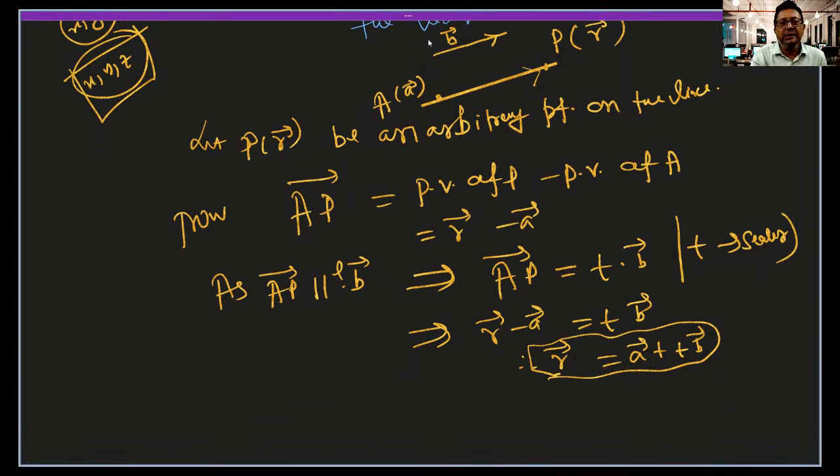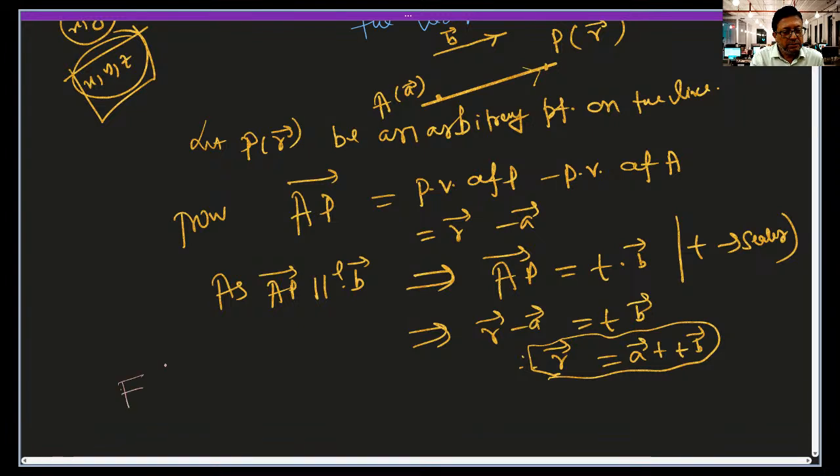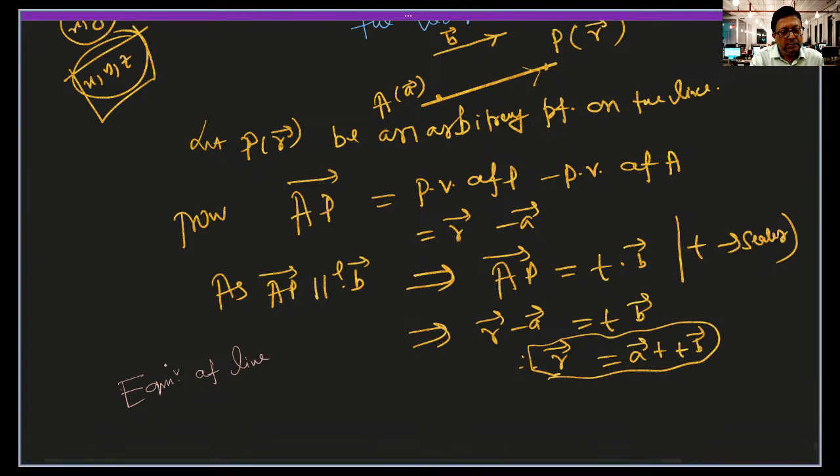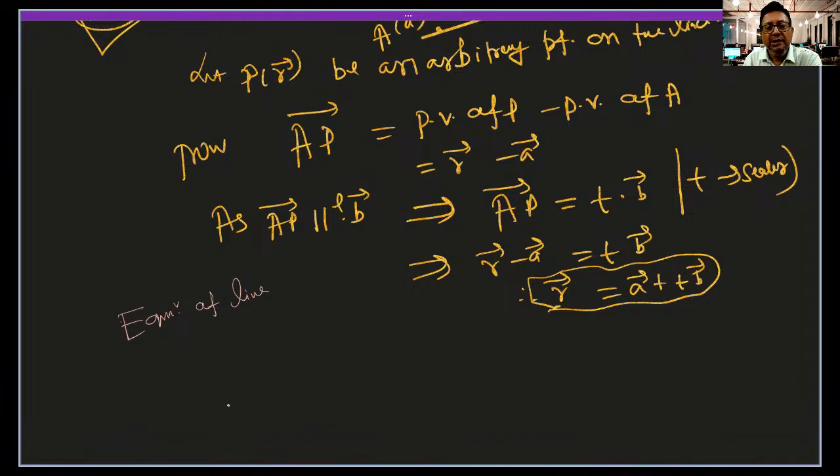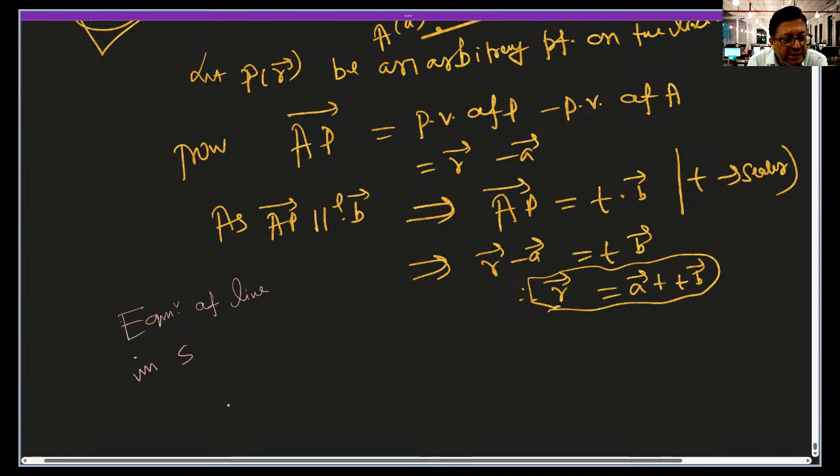So let us write one example based on it. Equation of line, so do it in scalar form first. This is in vector form, or this has another name that is called symmetrical form.